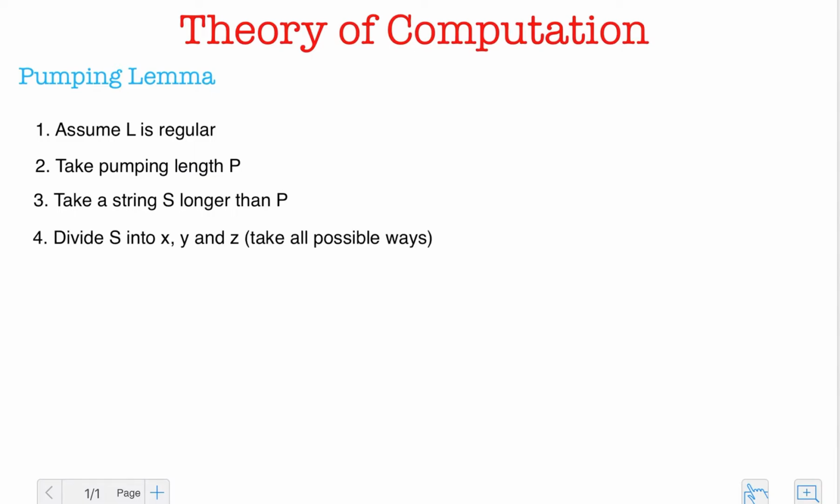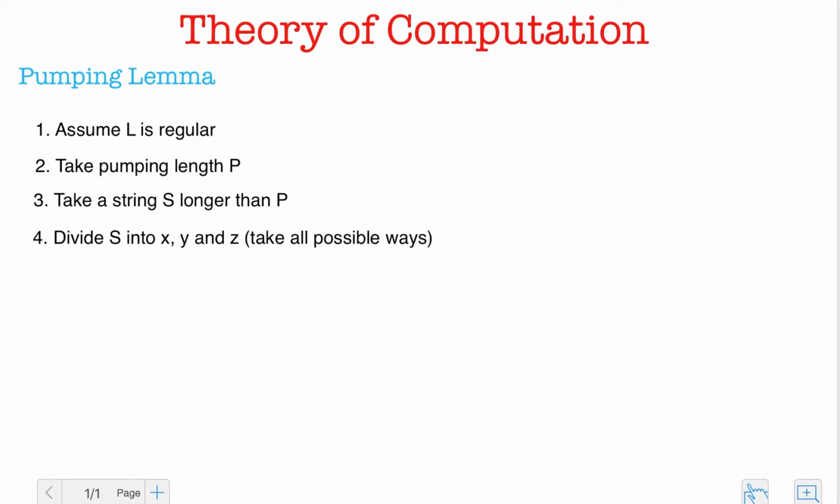Next what I do is I divide S into X, Y and Z, and here I'll have to take all possible ways to divide it. So in the last video we saw that for a to the power n, b to the power n, we had 3 ways that we could choose. In the next video as well we'll take a look at that same example, but we'll do it more formally.